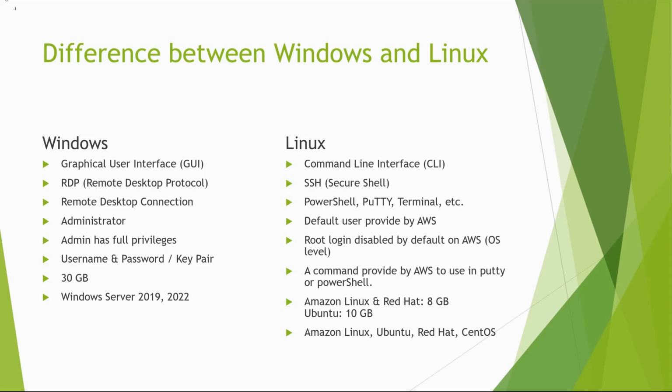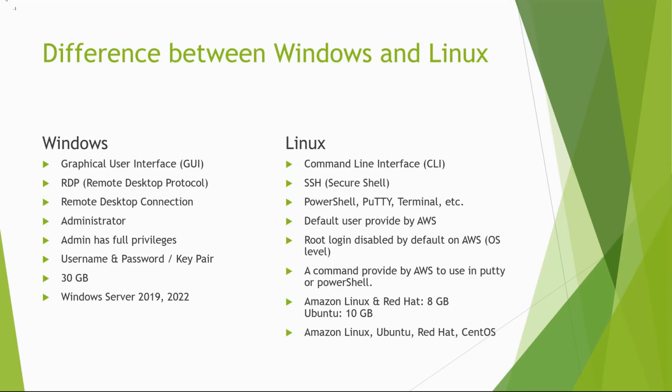In Windows the username is Administrator, but in Linux the default user is provided by AWS itself, something like ec2-user, but I will show it in the practical. In Windows the admin has full privileges, but in Linux root is the main user, though root is disabled by default in AWS at the OS level.